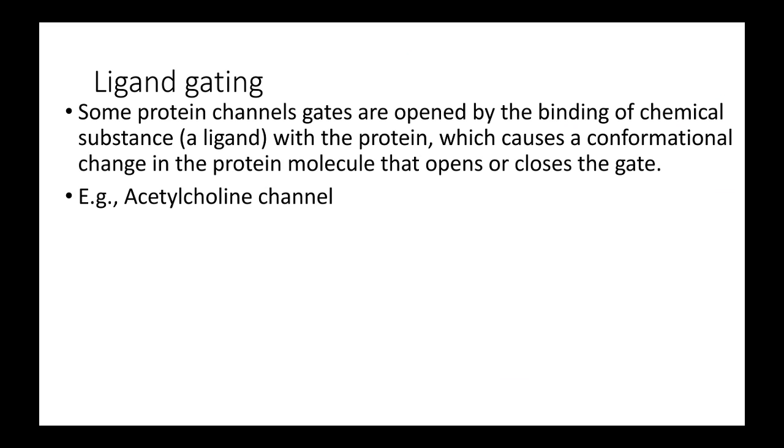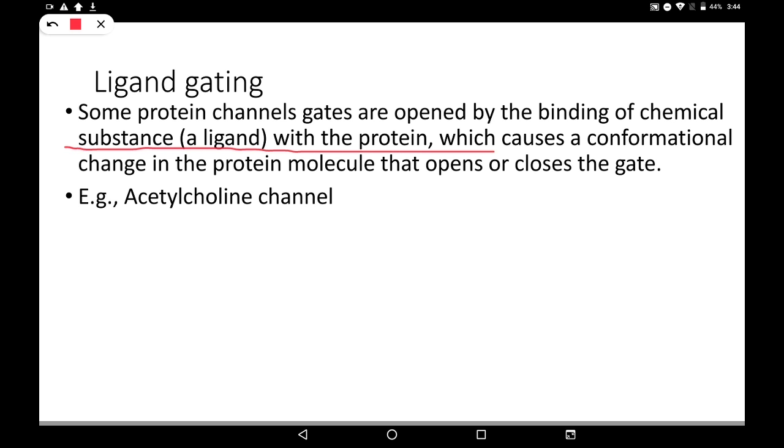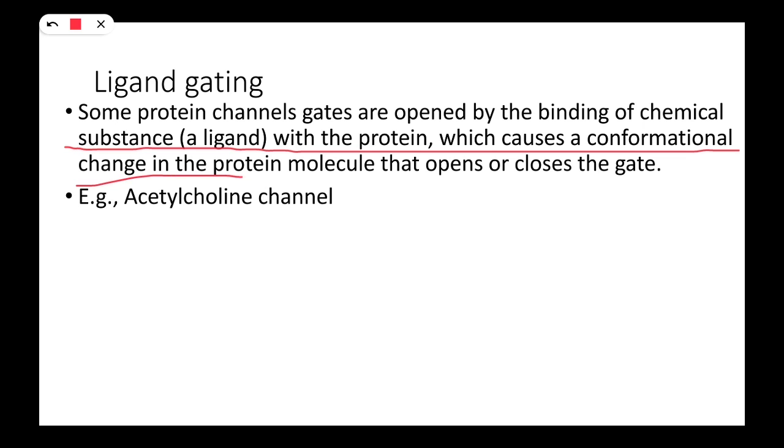Now ligand gating. Some protein channel gates are opened by binding of a chemical substance, a ligand, with the protein, which causes a conformational change in the protein molecule that opens or closes the gate. Example, the acetylcholine channel. So the acetylcholine channel can be seen in neurons, right?